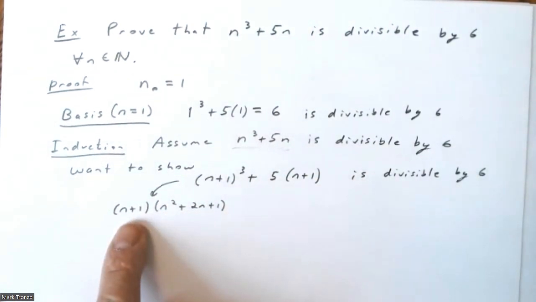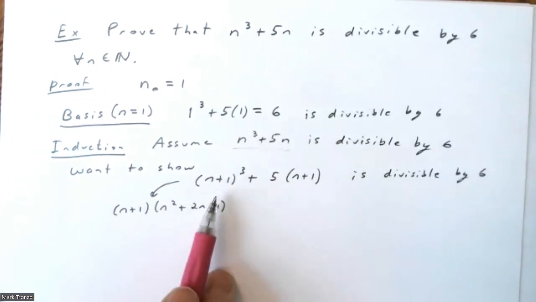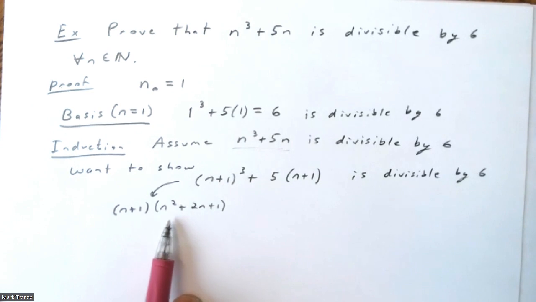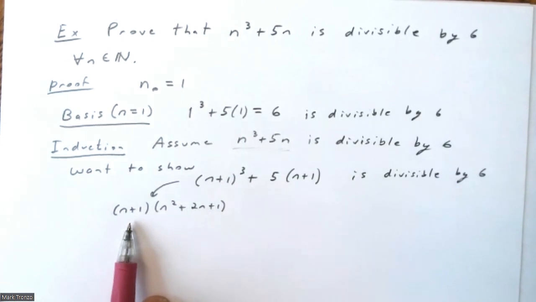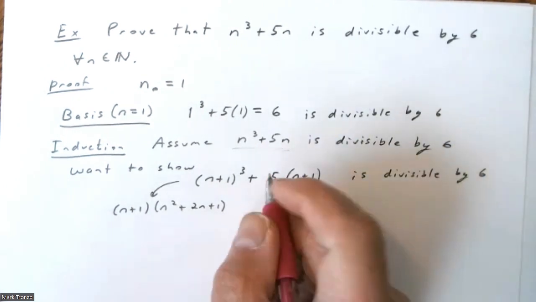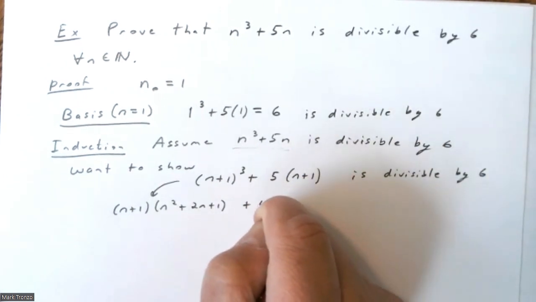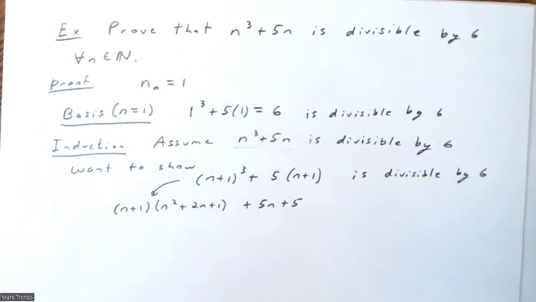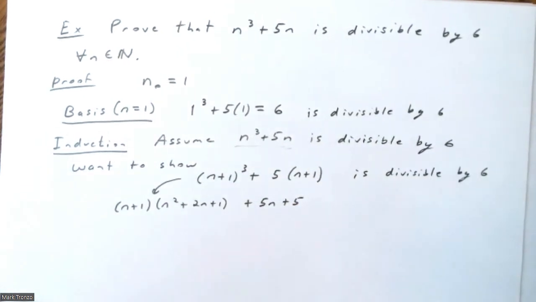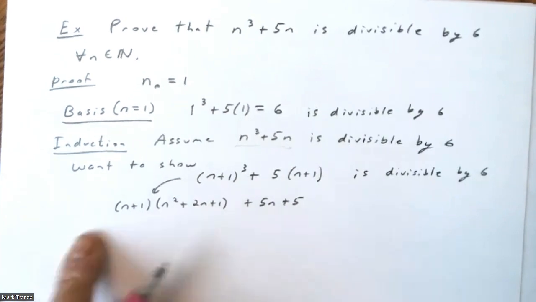If we want to cube this, I'll square two of these. So n plus 1 squared will give us this. And if we multiply that by n plus 1, and over here this would be 5n plus 5. And then do this foiling or whatever.